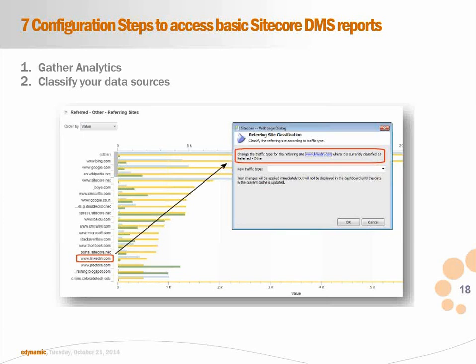By default, it has 3 databases, as we just talked about: master database, web database, and core database. We are not talking about DMS right now. When you configure Sitecore, these 3 databases get configured by default as master, web, and core.